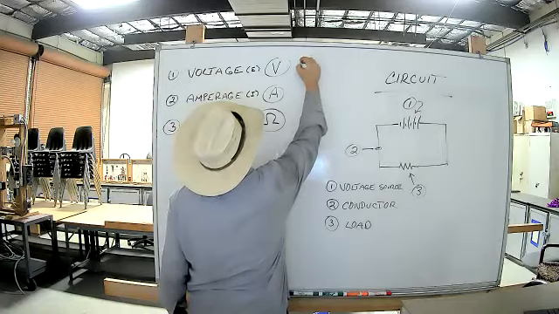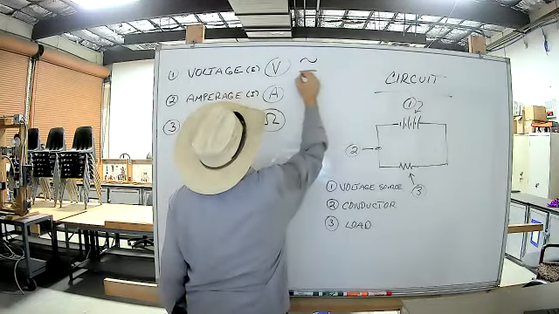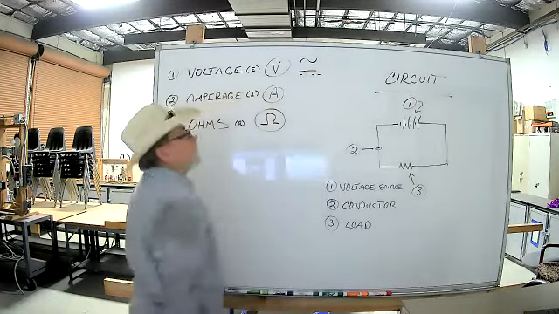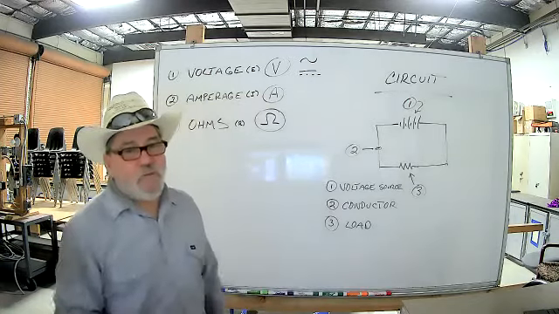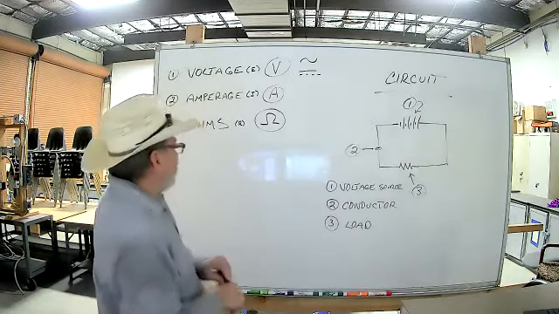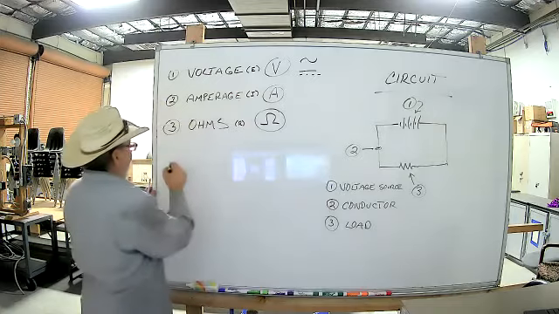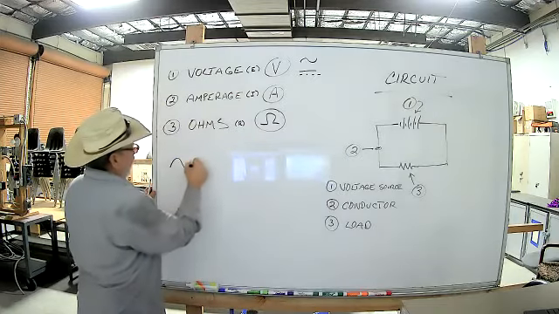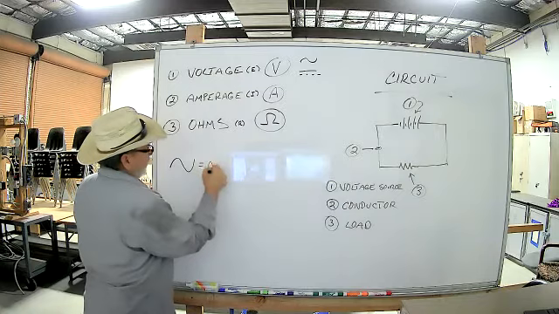So you have this wavy line, it could be like this, or it could be like this. That means there's two different kinds of voltages that you can have. So here's a wave, and this equals AC.